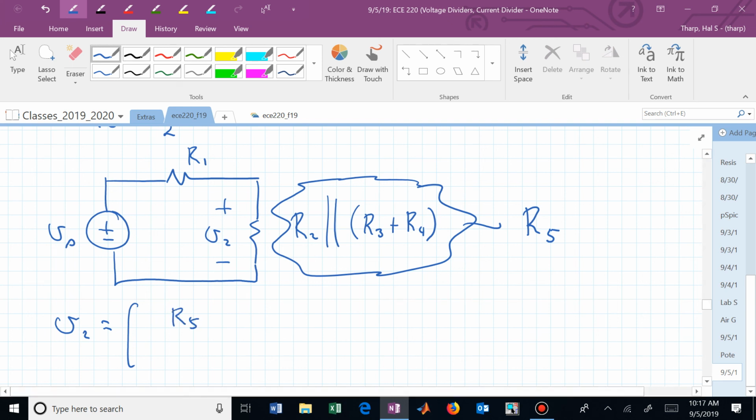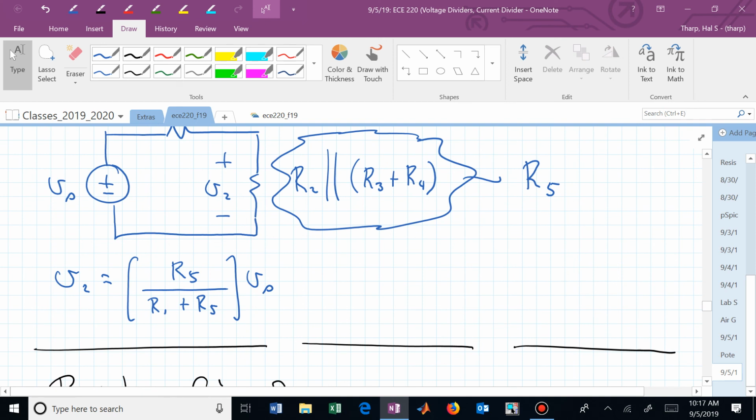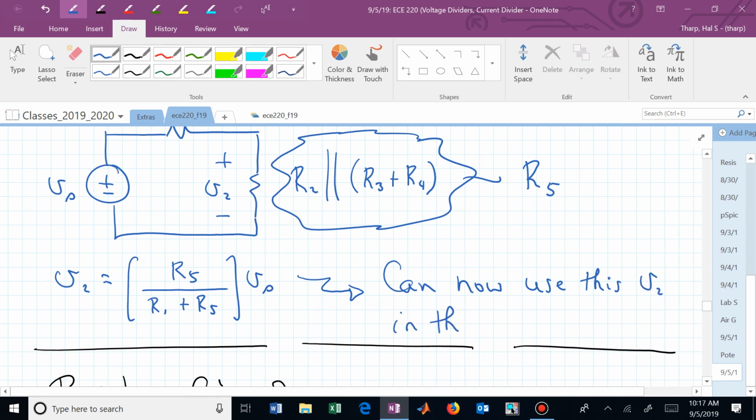R5 over R1 plus R5 times V sub S. And now we can apply this, we can now use that V2 in the V4 expression that we had before. But V2 now is different, isn't it, than the classical V2.